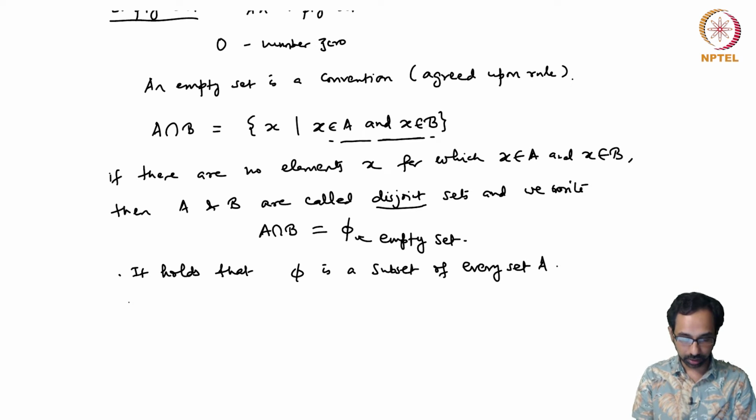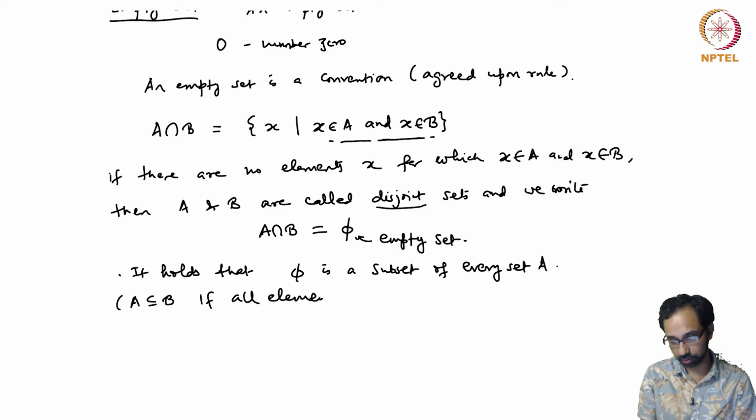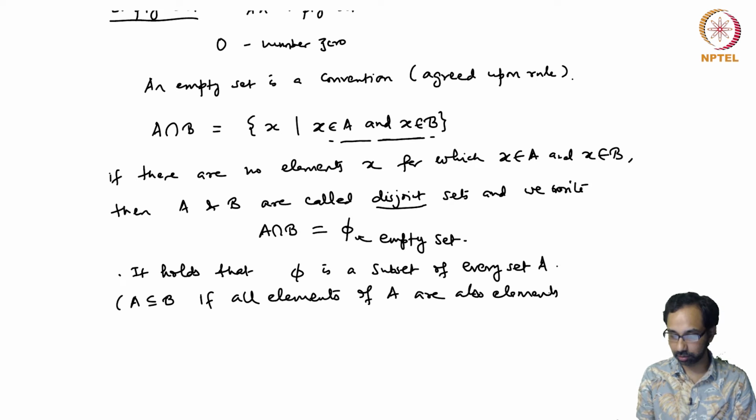Why? So remember that the definition of a subset was that A is a subset of B if all elements of A are also elements of B, right?